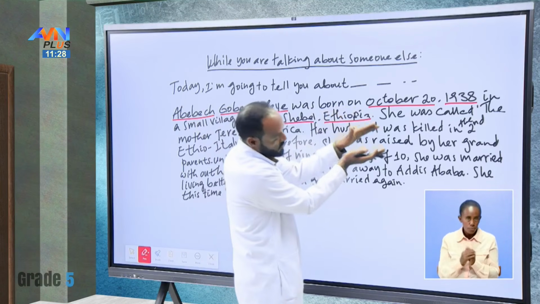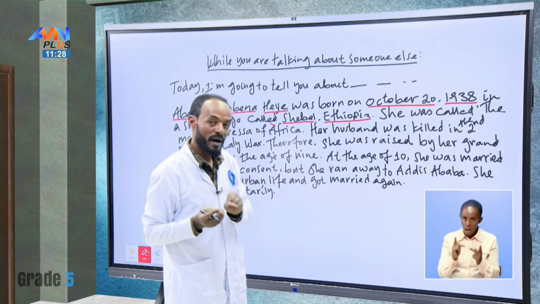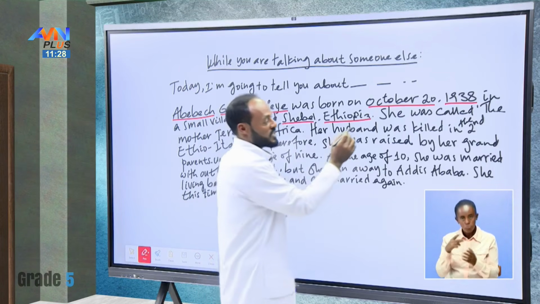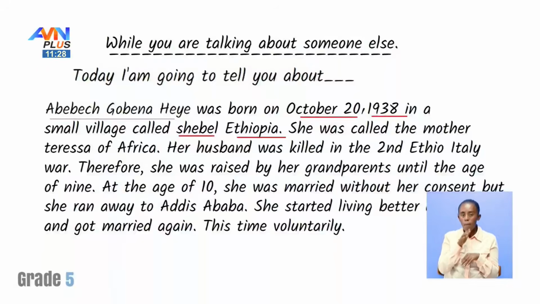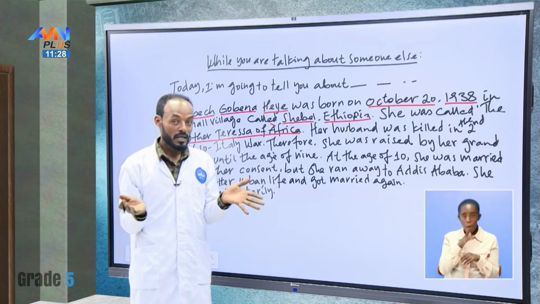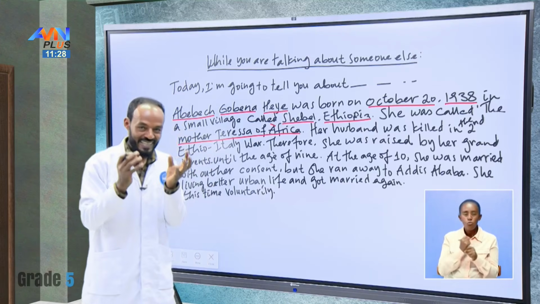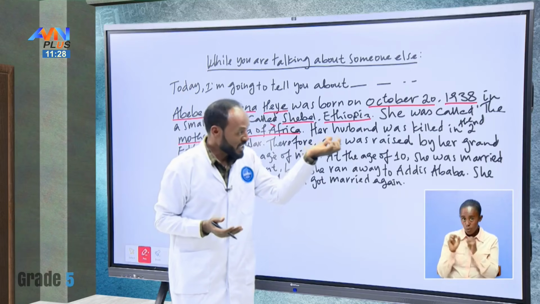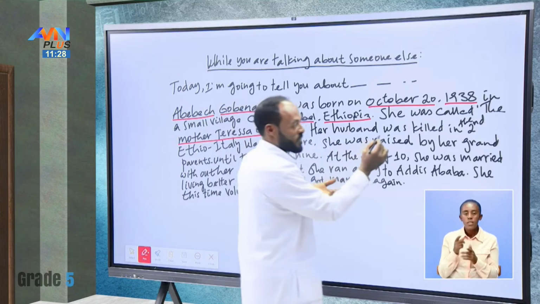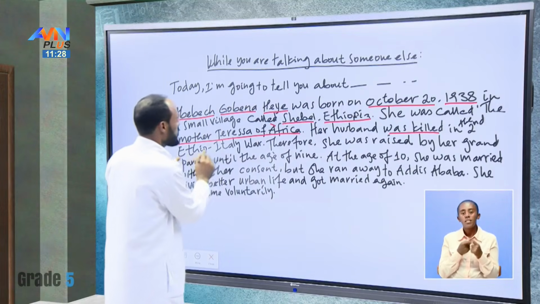Then this one just will be about the body of the paragraph or the body of the passage that we are talking about. So, she was called the Mother Teresa of Africa. Do you know Mother Teresa? Mother Teresa is the person who did very good and necessary things for her country. Okay? So, her husband was killed. He was killed in the Second Italian War.